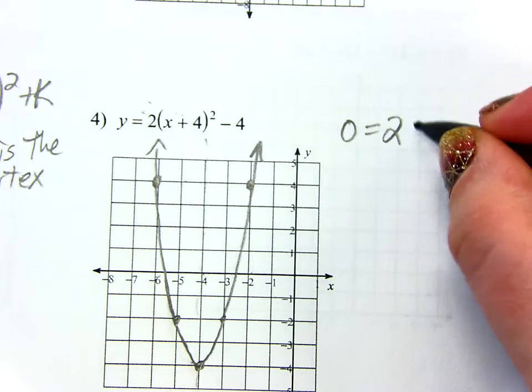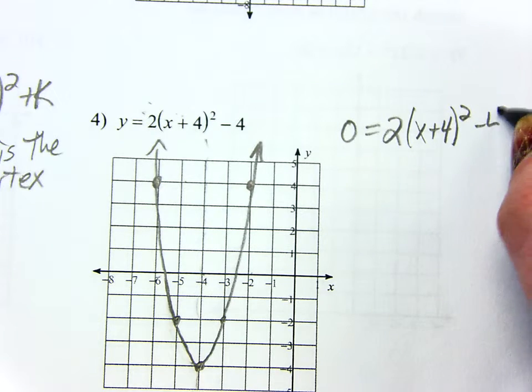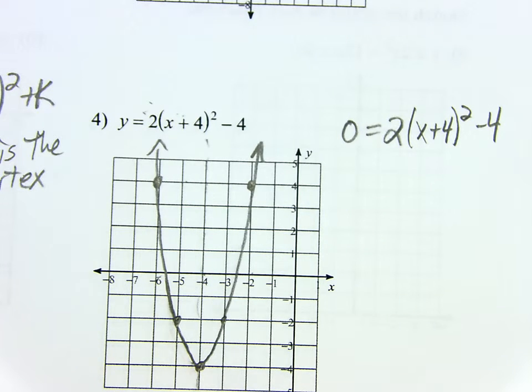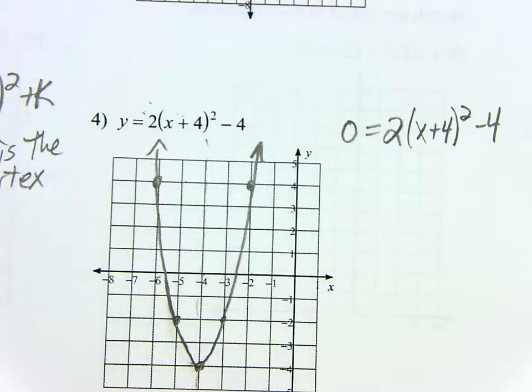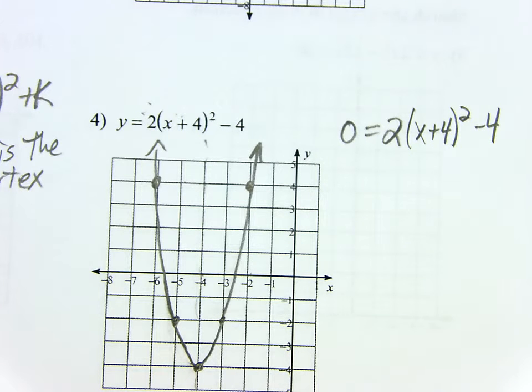Does anybody see a super easy way that I could get the answer? I can solve this for x actually really easily without foiling that together and doing all that crazy work. No? Nobody? I can solve this by square rooting.